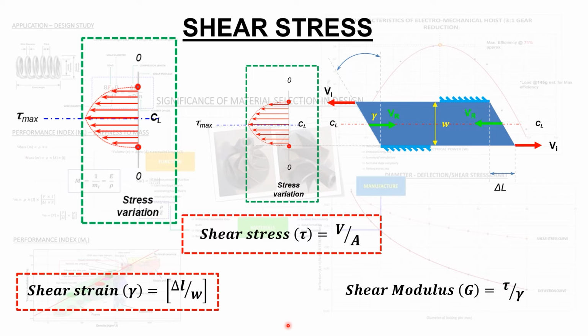And the final equation that we're going to be looking at will be the shear modulus. The shear modulus is denoted by the capital letter G, and that's equal to the ratio of the shear stress to the shear strain. And there we have it. So this is equivalent to what we have in terms of predicting the resilience of a given material.